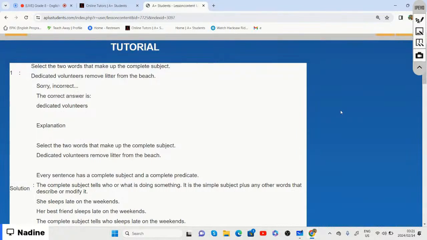We need to select the two words that make up the complete subject.